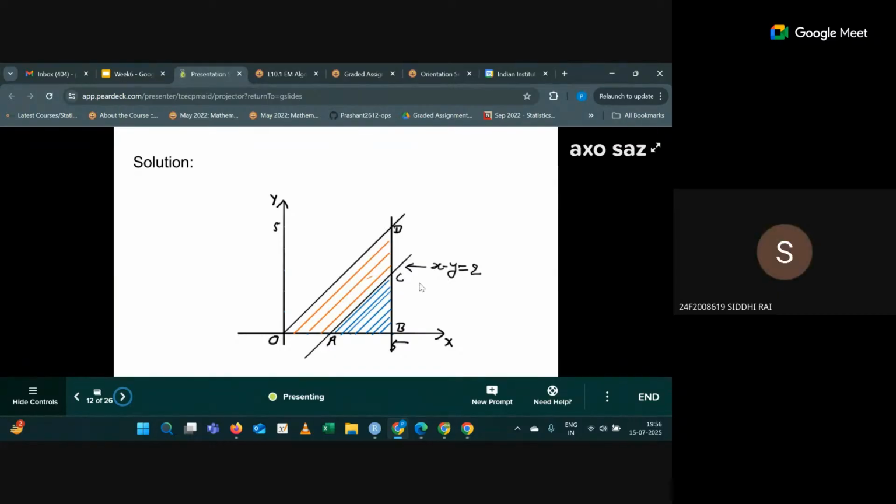Less than 2 will be the orange region, right? Basically, Y has to be greater than X for this to be less than 2. So the orange one is the area in which we are interested.